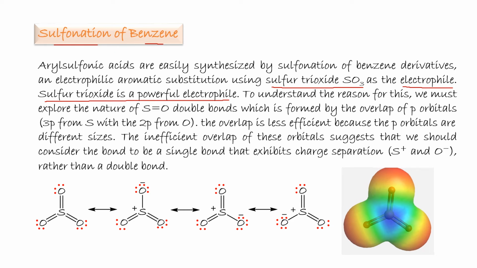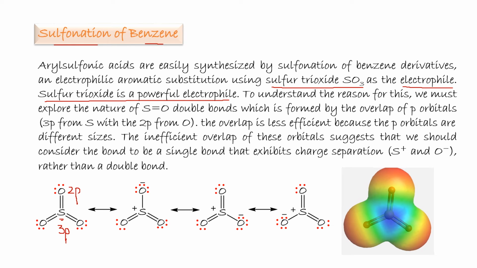To understand why, sulfur has its p electron in 3p, while oxygen has its p electron in 2p.